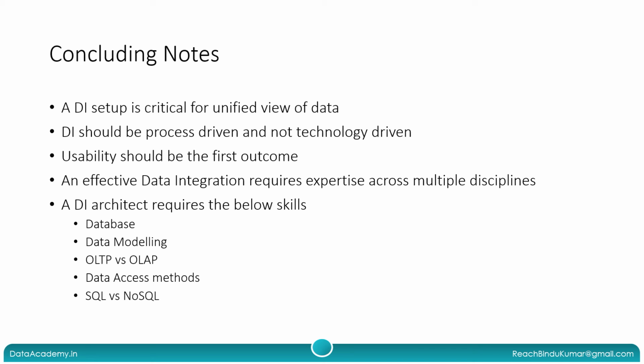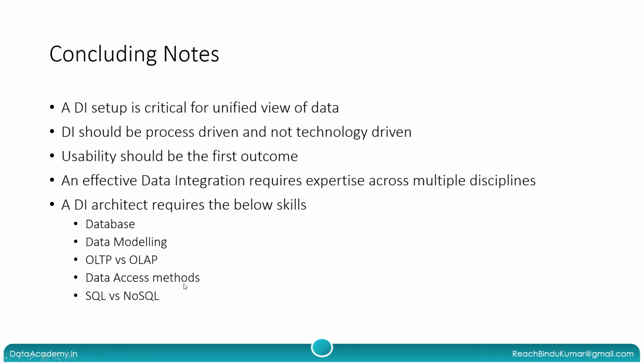I've often seen people who have spent a lot of time working on OLTP systems suddenly given the responsibility of building an OLAP system, and those systems fail miserably, right? So a DI architect should know what are the differences, why they are different, and also be able to decide when to use what.